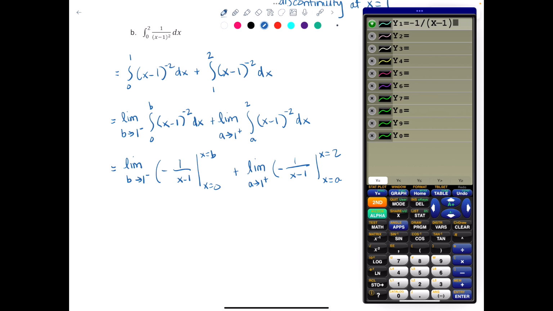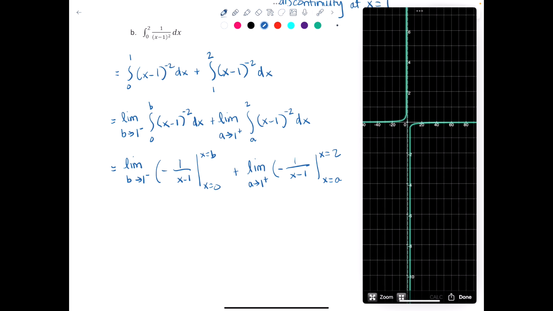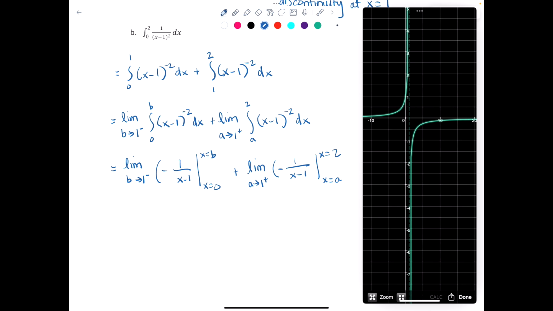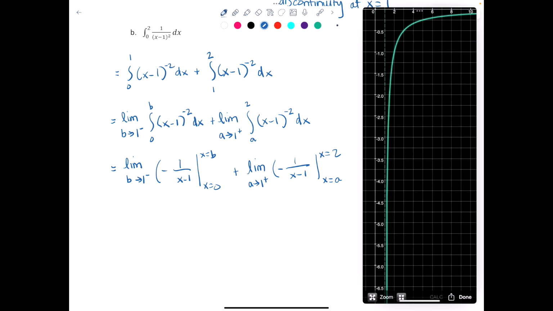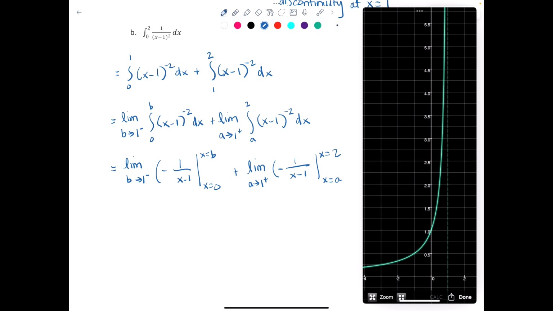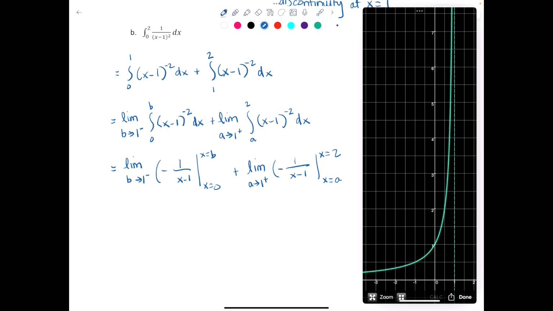Graphing our result, we can look at the limit. And what happens as we approach 1 from the left side? So as we approach 1 from the left side, we increase without bound, correct?